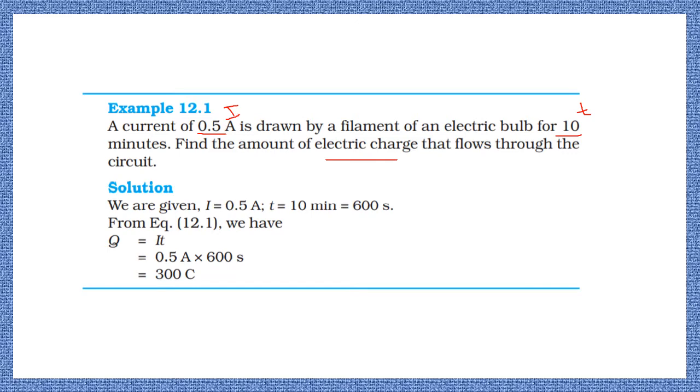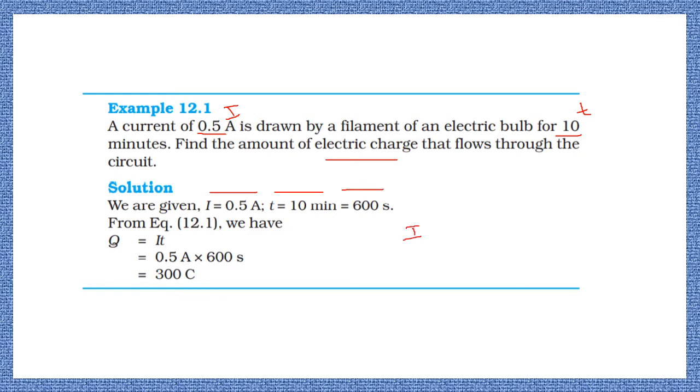Okay, so I is equal to 0.5 A, t is equal to 10 minutes, and when we convert the minutes into seconds, that will be 10 into 60, 600 seconds. Now we will use here the formula I is equal to Q upon t.